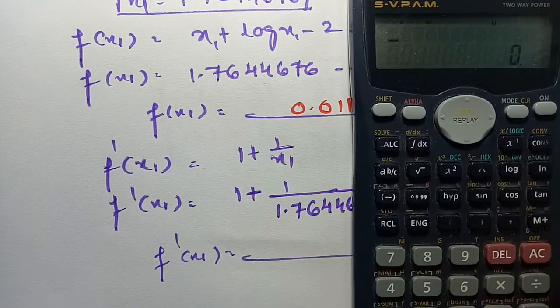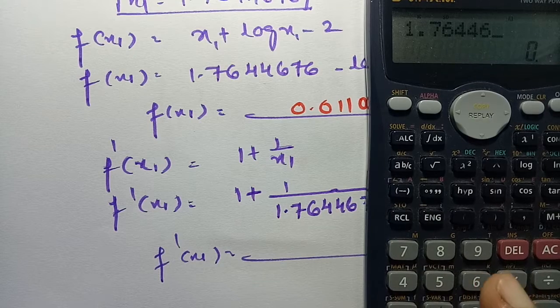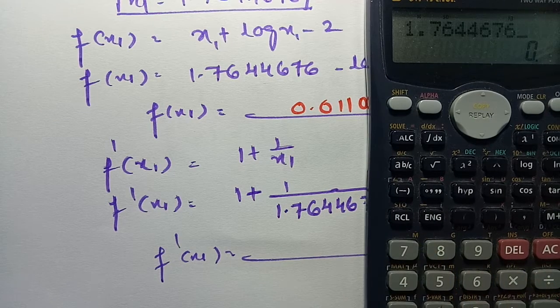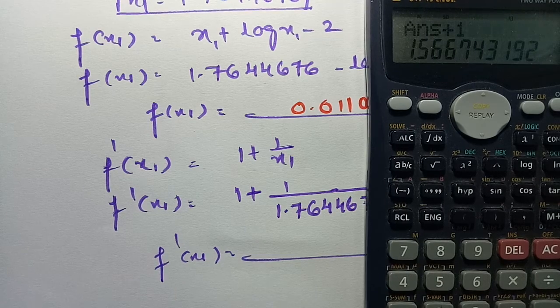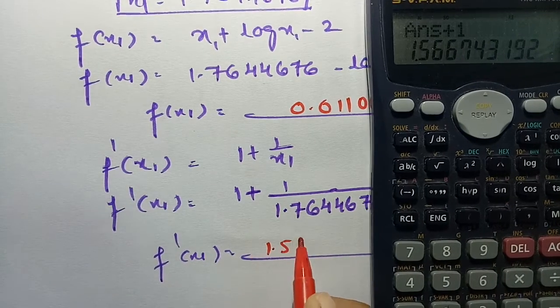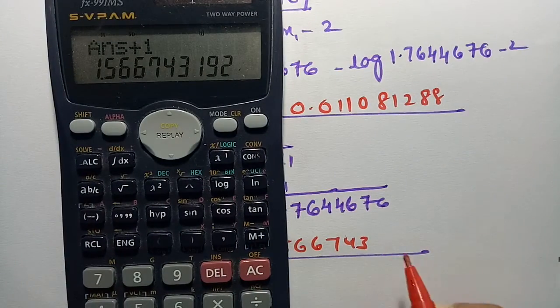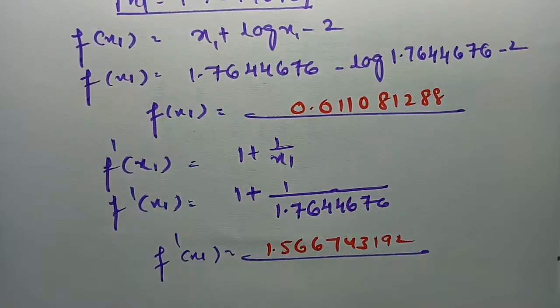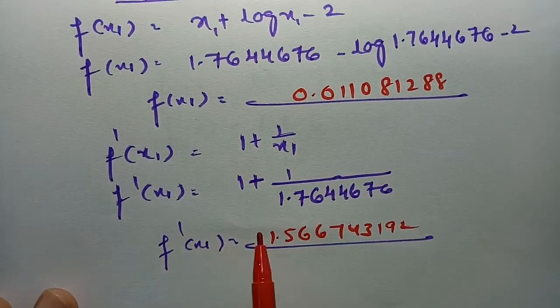And the next value is 1 by 1.76444676 plus 1. This value is 1.566743192. So after getting all these values, this is x1, this is f at x1, and f dash at x1.